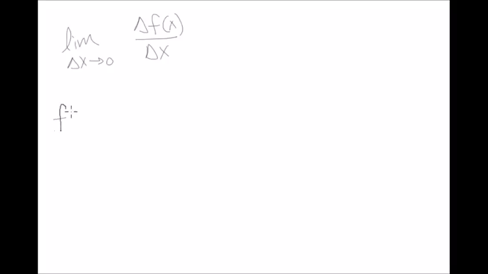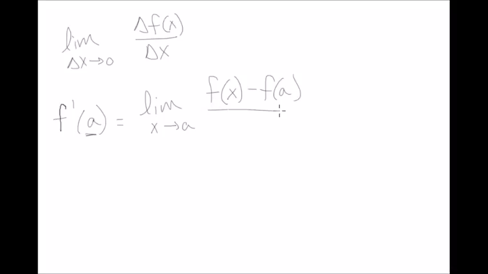In a more formal sense, we write that the function f of x has a derivative, as indicated by this prime on the f, at point A that is equal to the limit as the value of x approaches the point A of f of x minus f of a over x minus a. And you can sort of see that this is just another form of the limit that we've written here.